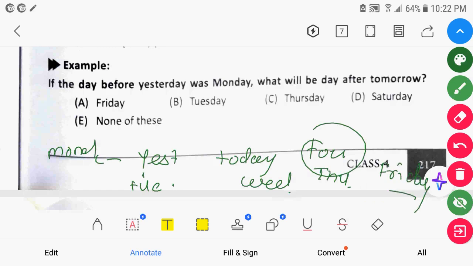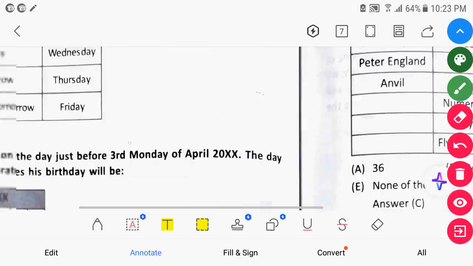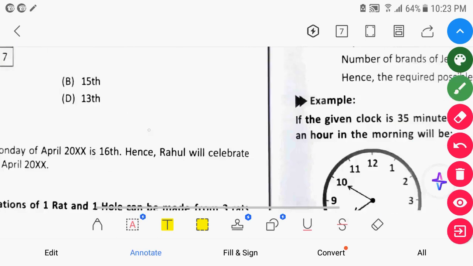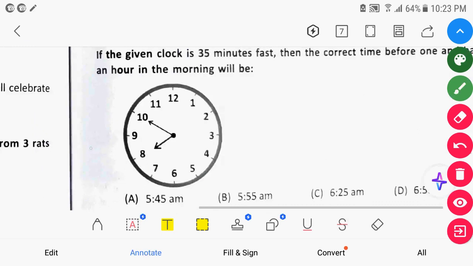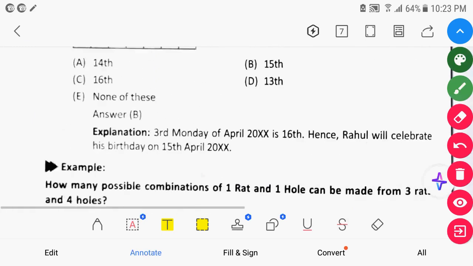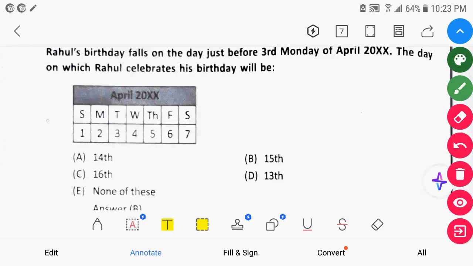So what I am trying to tell you in this question is you have to read each question carefully with an alert mind so that you can solve it better.